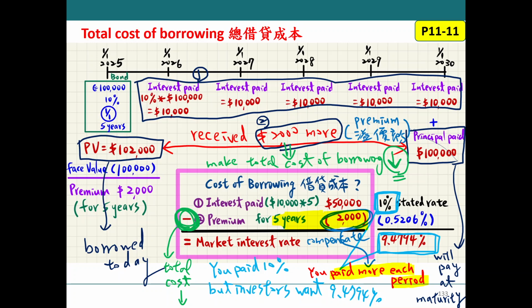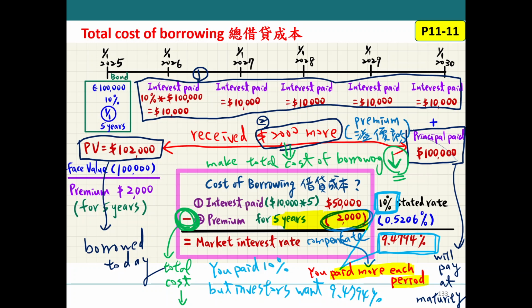Any questions? Each period you pay 10%, and they only want 9.4794%. So each period you pay 0.520% more. That's why you receive $2,000 in total at the beginning.